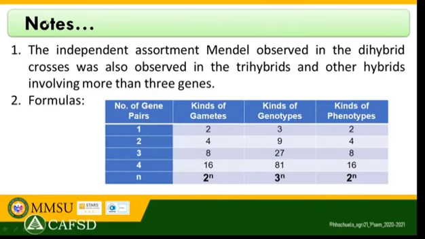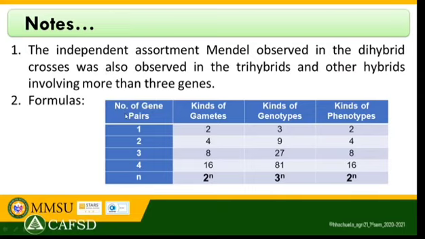Okay? Please take note that the independent assortment Mendel observed in the dihybrid crosses was also observed in the trihybrids and other hybrids involving more than 3 genes. So, hindi lang 1 pair of genes or 2 pairs of genes. You can also have 3 pairs of genes. You can also do the Punnett square for the 3 pairs of genes.